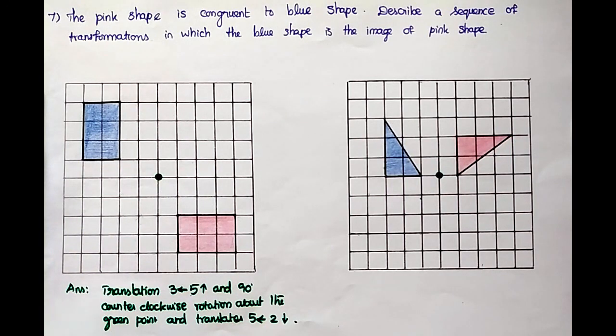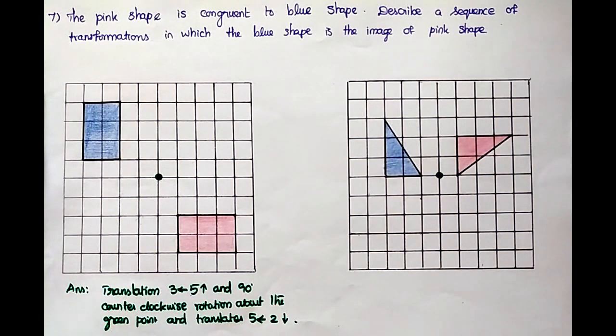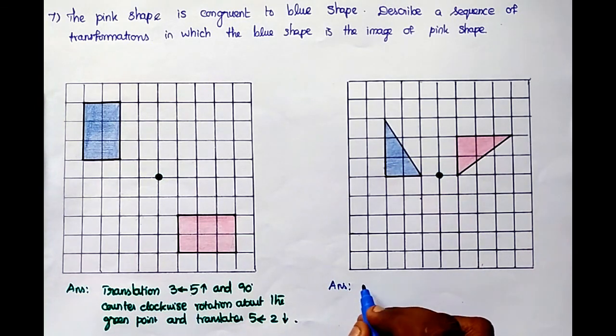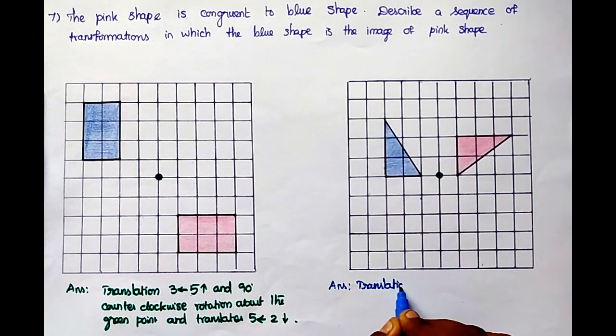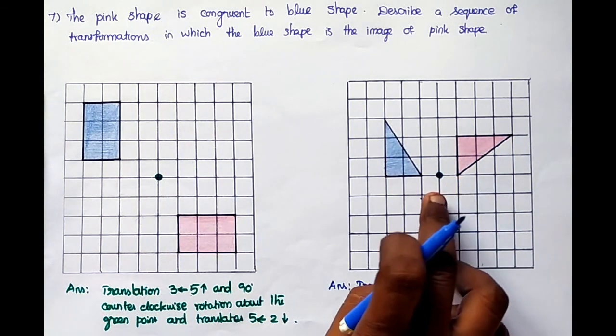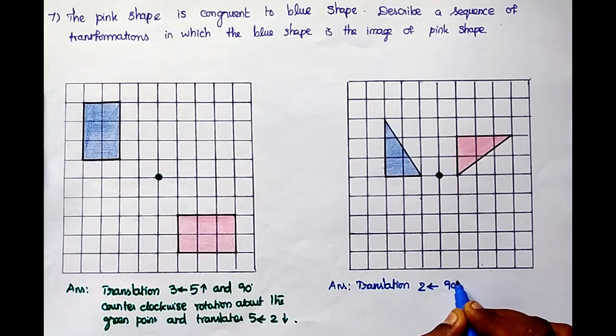Next one, listen, translation, 2 moves left side, 90 degree counterclockwise.